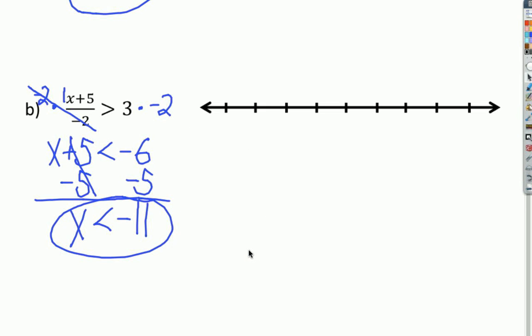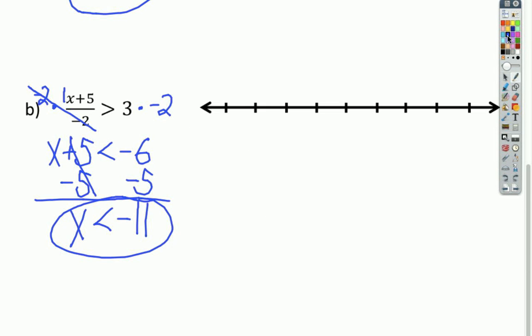Any comments, questions on how we did that? So go ahead and graph yours. I'm going to graph mine up here.